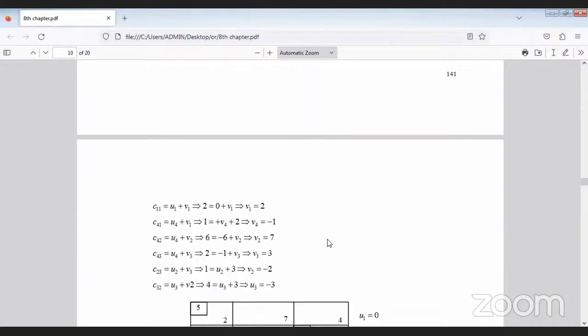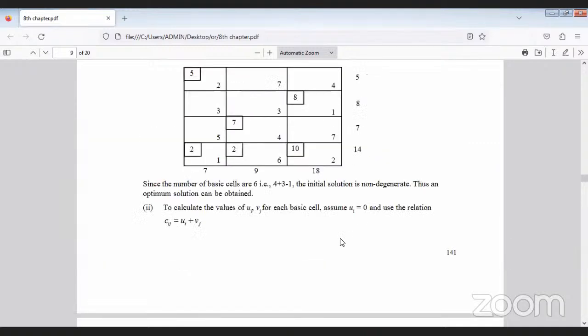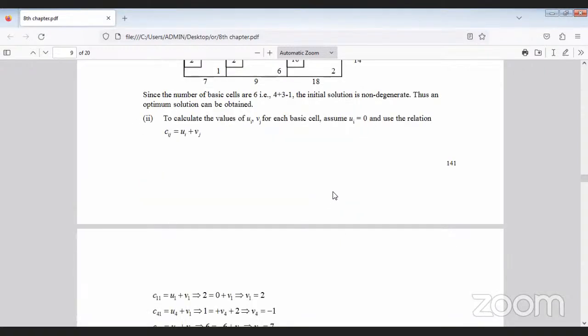C41: u4 plus v1. u4 అంటే -1 సార్. -1 plus 2 అంటే 1 రావాలి కదా సార్?